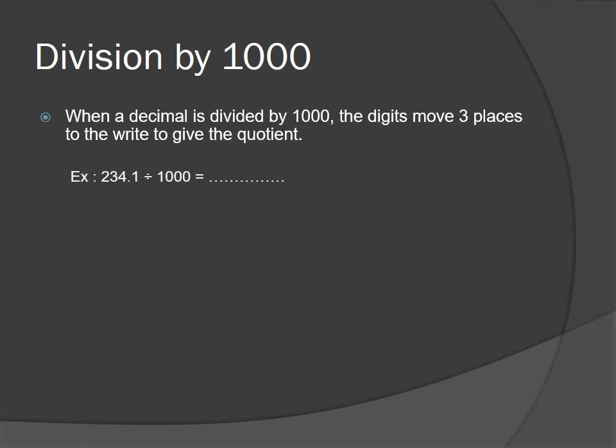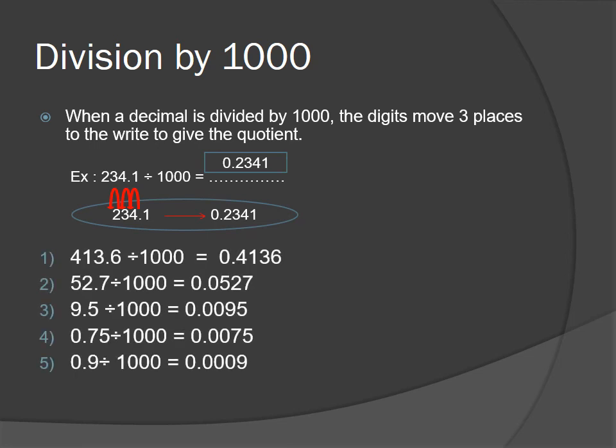First example, 234.1 divided by 1000. You move the decimal point 3 places to the left, so you can get the answer as 0.2341.